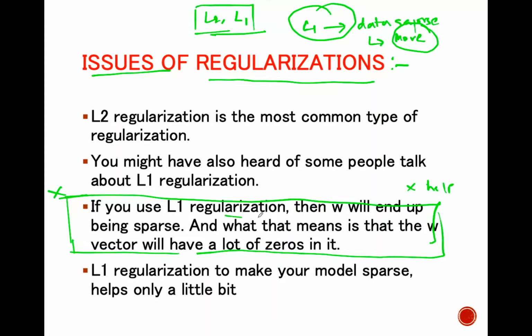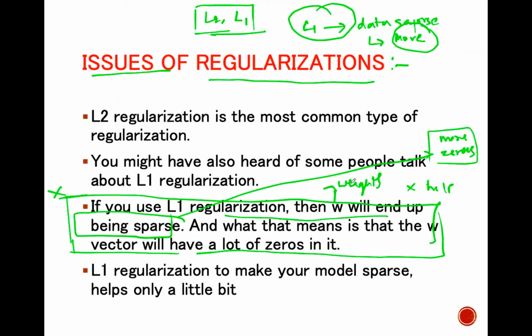If you use an L1 regularizer, the weights will end up being sparse. Sparse means you will have more zeros. So the weight vector W will have zeros in it, so there is no use.